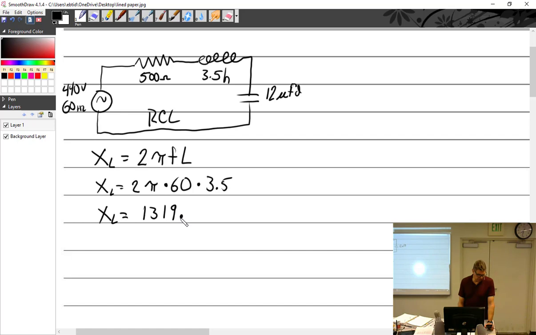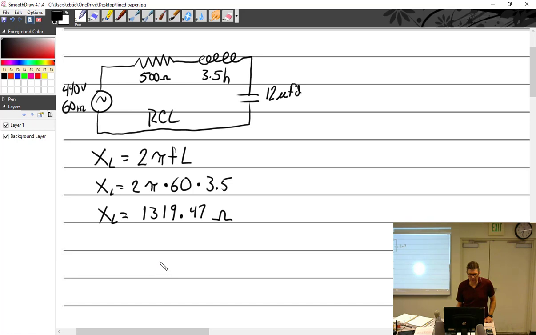My calculator says 1319.468915. What do you want to call it? You'd either go 1319.5 or 1319.47 or 1319.469. Figure out what you want to do. We can go 2 decimals on this, 1319.47. 1319.47 what? Ohms. Okay, X of L.